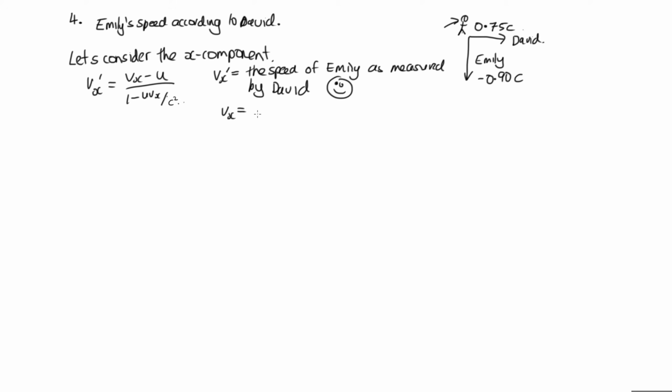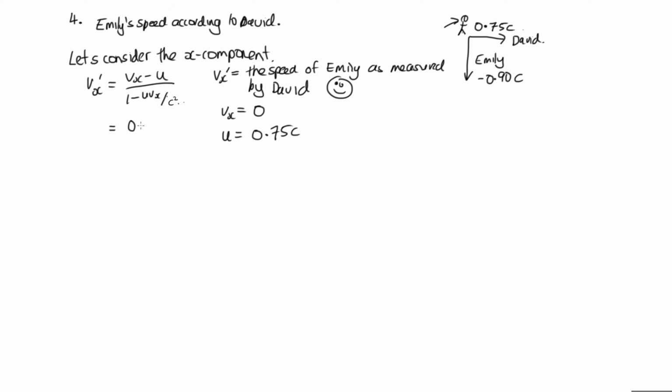So that is equal to... well, it's minus 0.90c in y. There is no x component, so that's 0. And u is the speed of the primed frame that we're moving to, i.e. David's frame, relative to this frame here. So u is equal to 0.75c in this case. It's just David's speed. Okay, so now we can substitute everything in to end up with what we want.